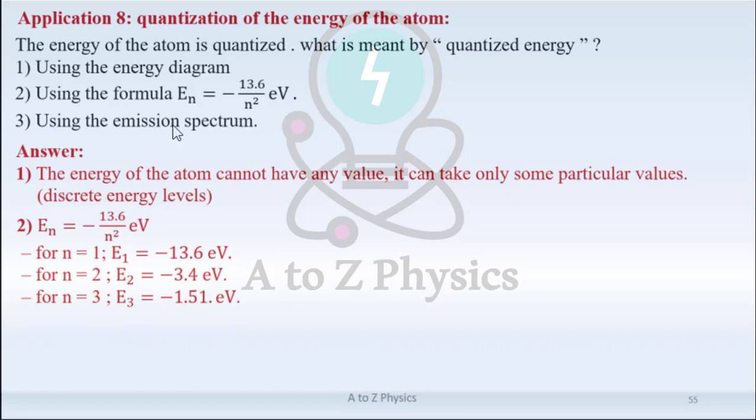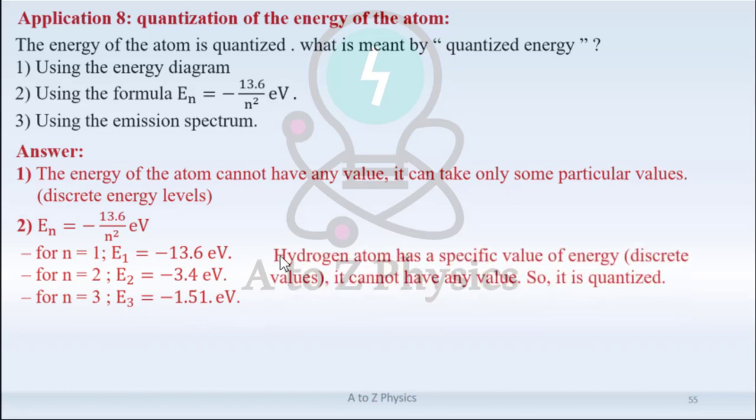Second, using the formula, for n equals 1, E1 equals minus 13.6 electron volt, for n equals 2, E2 equals minus 13.6 over 2 squared equals minus 3.4 electron volt, and for n equals 3, E3 equals minus 1.51 electron volt. The hydrogen atom has a specific value of energy, discrete values.